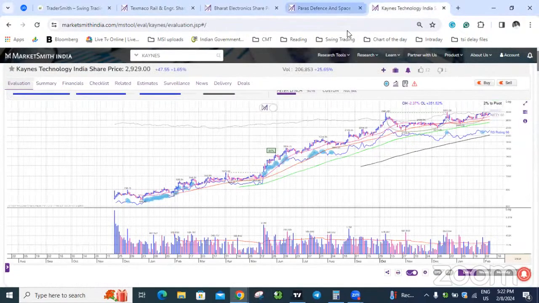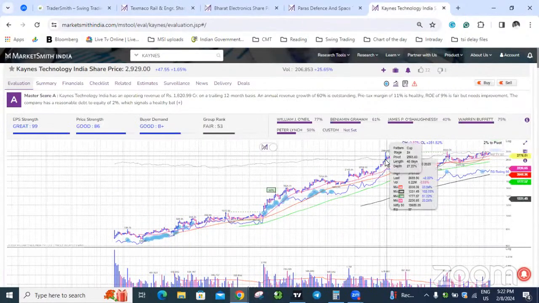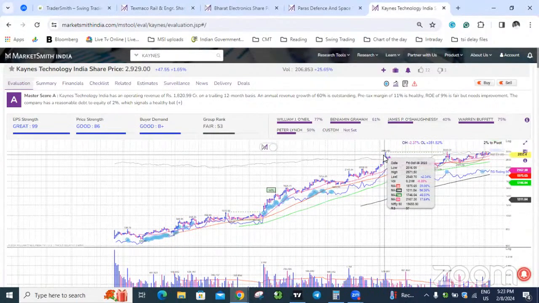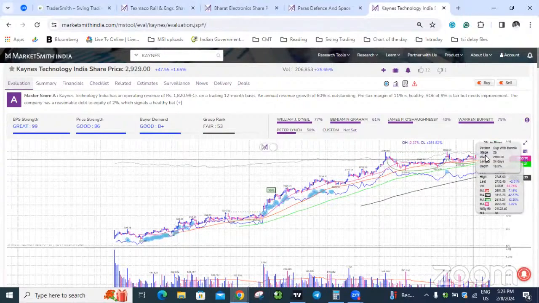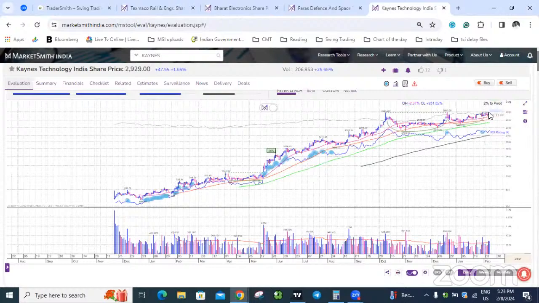Next one is Kaynes Technology. After the super rally in 2023, since last October it's trading in a sideways range. However, it is holding and making a higher high, higher low price structure. So overall it is making a sideways range.